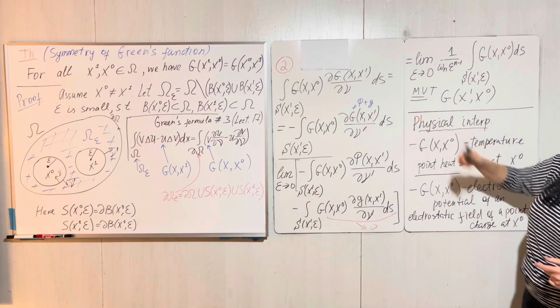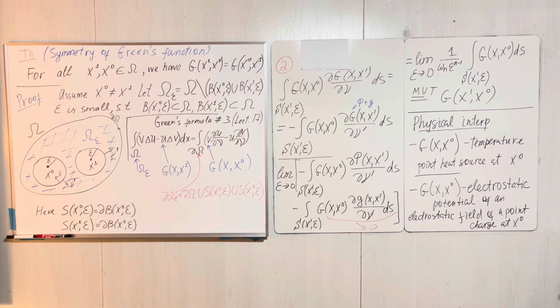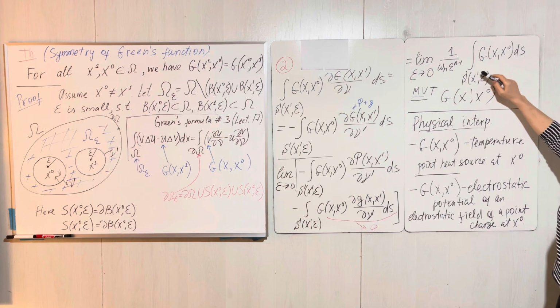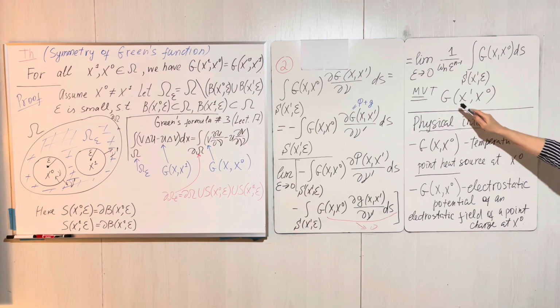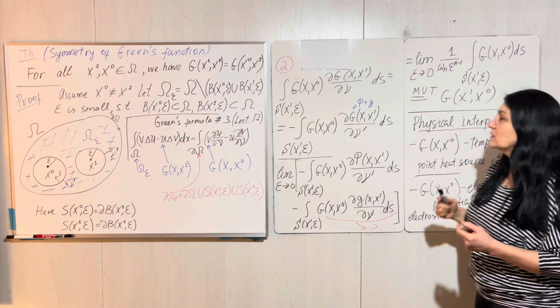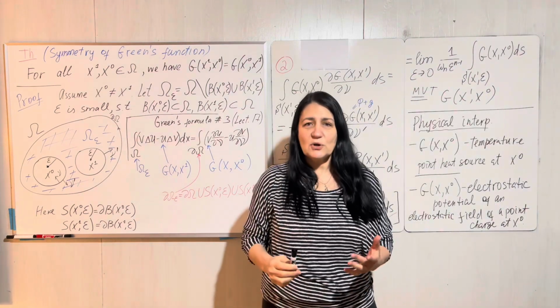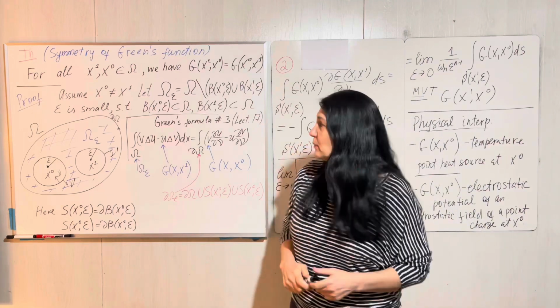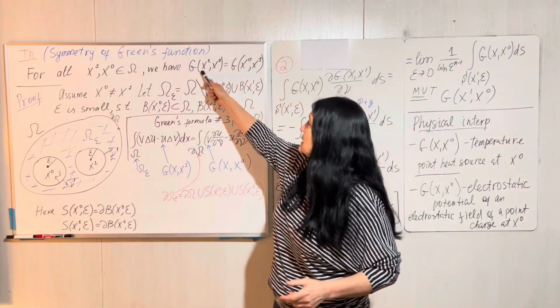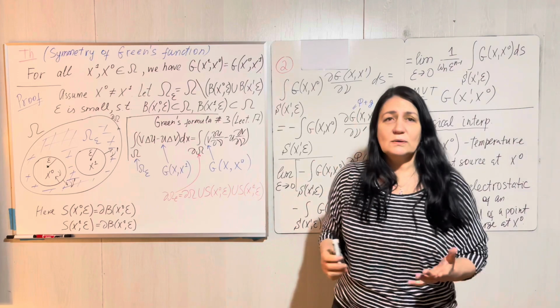We can use the mean value theorem, and so this would be the value of this function at the center of the ball, which is x1. So we will get our function g at x1, x0. That's basically what we wanted to show, and as we mentioned, we can compute the rest of the integrals, and we will see that this indeed holds.